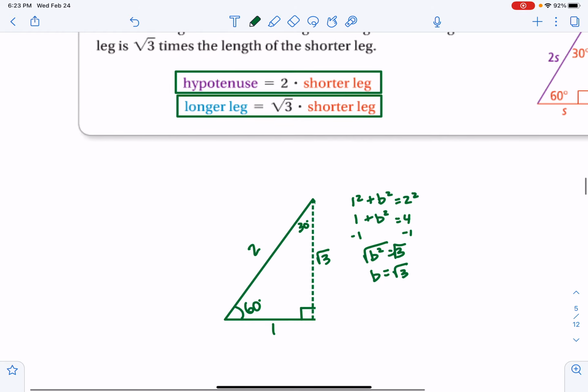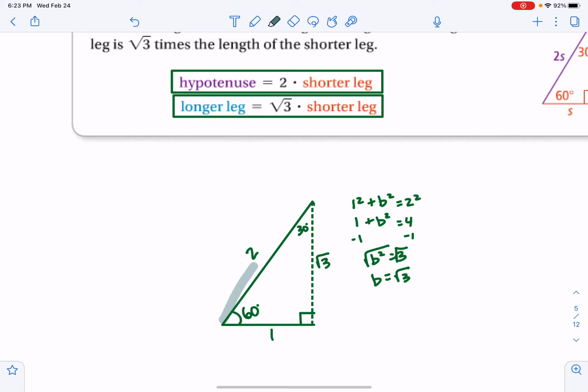So we can see now the hypotenuse, which is this side, is twice as long as the short side. 1 times 2 gives you the hypotenuse, which is 2. And then we'll also notice that this longer side is just the shorter side times the square root of 3.